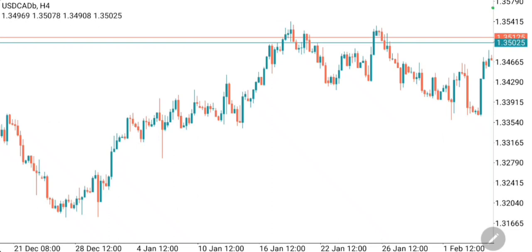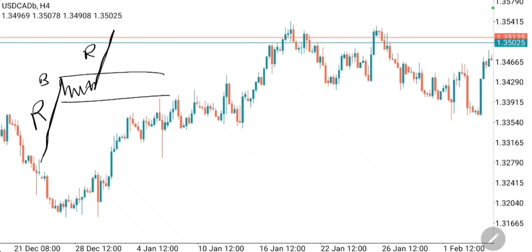So this is a rally base rally demand zone. The market is expected to come to mitigate this zone and then buy.